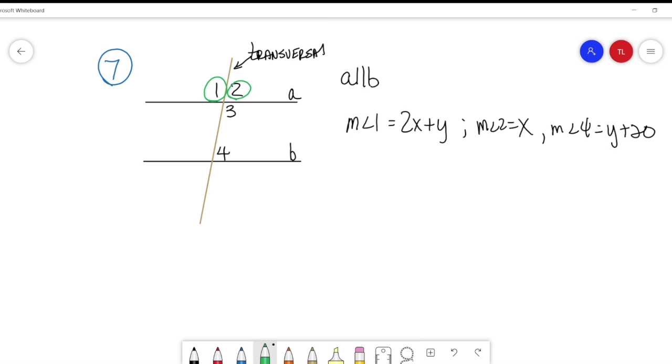Now, what kind of angles are 1 and 2? They're linear pairs, correct. And what do you know about linear pairs? Their measures equal 180. Well, young people, if you do that, then replace the measure of angle 1 with 2x plus y.